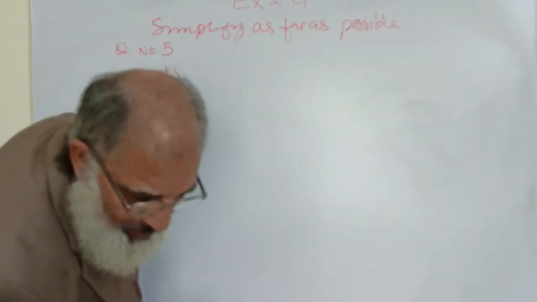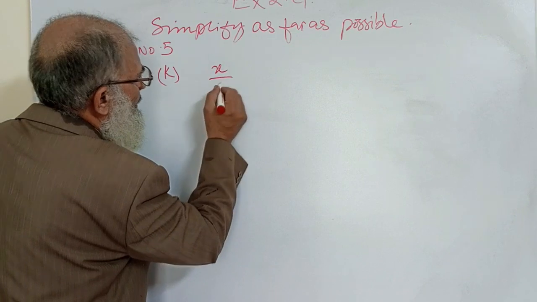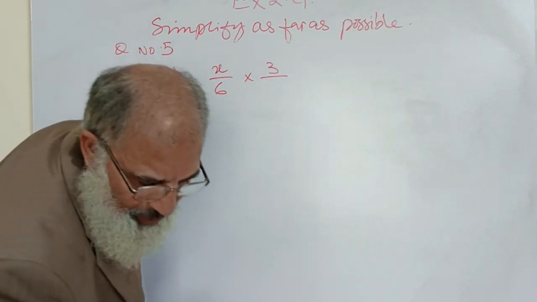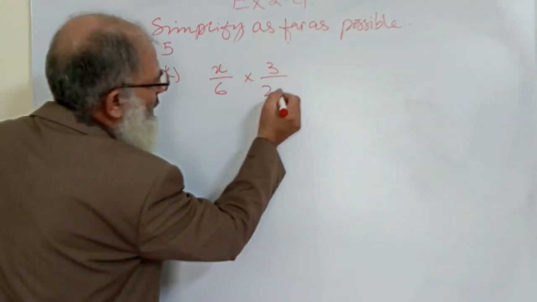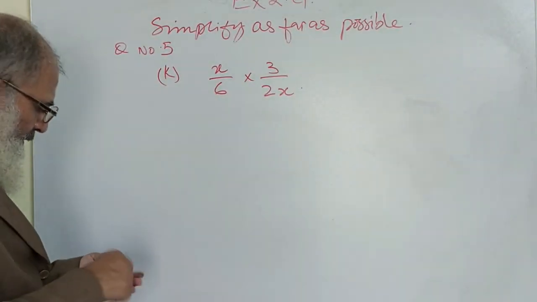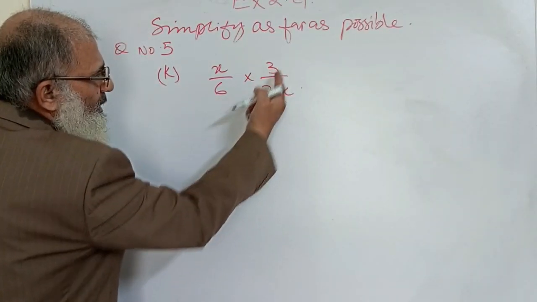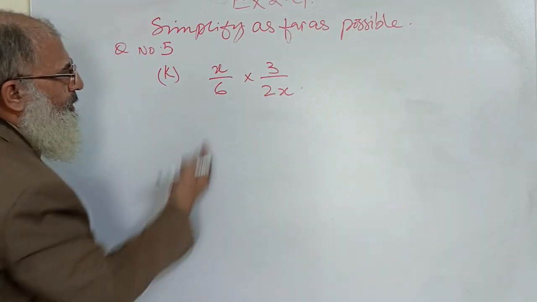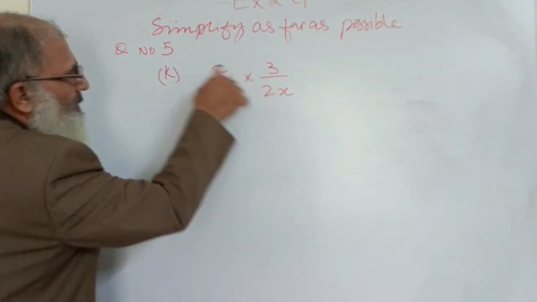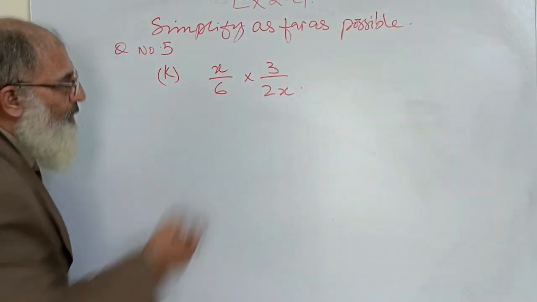K, that is x divided by 6 multiplied by 3 divided by 2x. Now this is a very good example of cancellation. You see that this 3 is not divisible by 2, but this x is divisible by this x, and this 3 is divisible by 3.